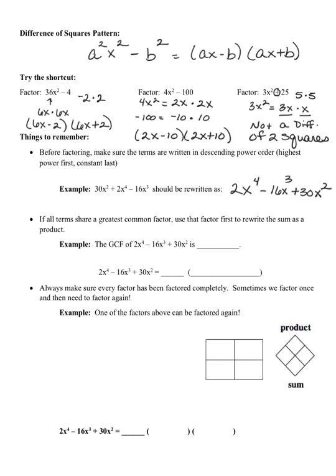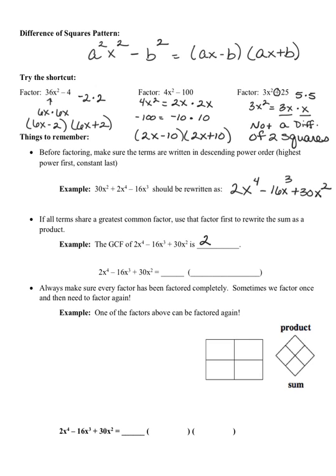The next thing we should do is take a look and see if there is a greatest common factor that is shared by each of the terms. Remember my tip of taking a look at the numbers separately from the variables. If I take a look at all of the numbers, 2, -16, and 30, the largest number that divides evenly into all of those numbers is 2.